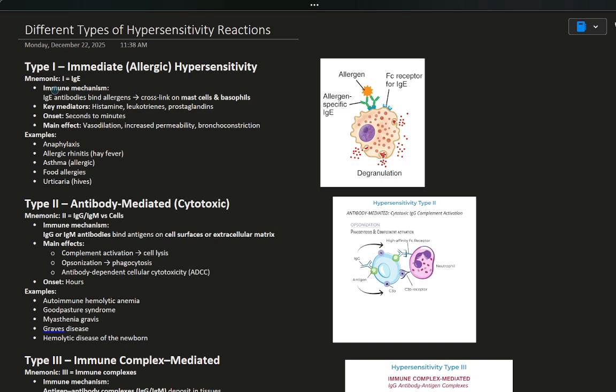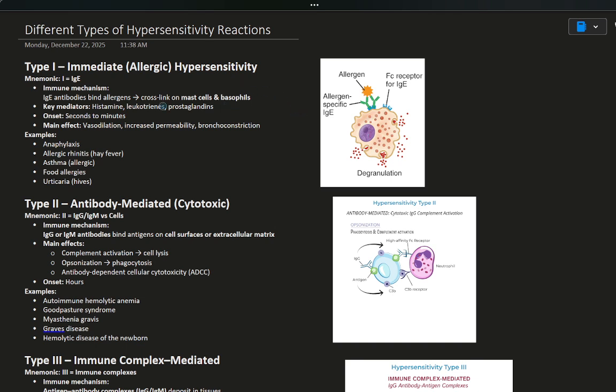And the way this works is that the IgE antibodies will bind to the allergens that are detected. And after they bind to the allergens, they're going to cross-link them onto the mast cells and the basophils. So here's an example of one of such cells.